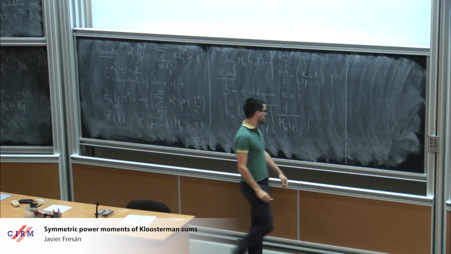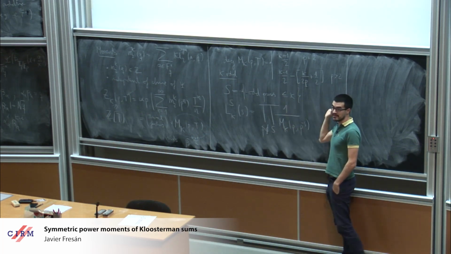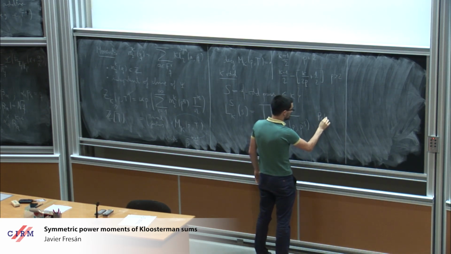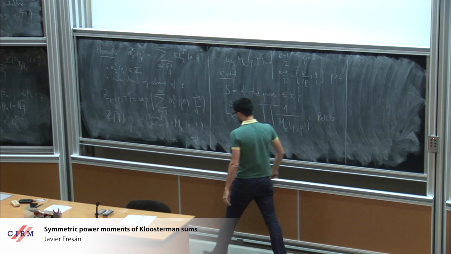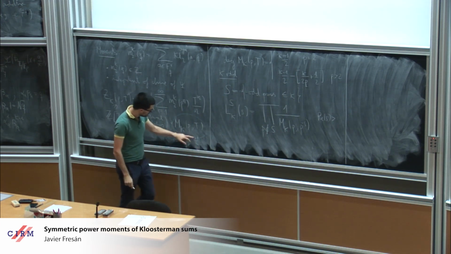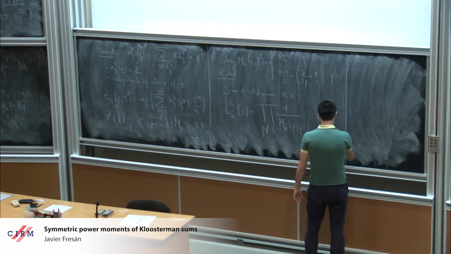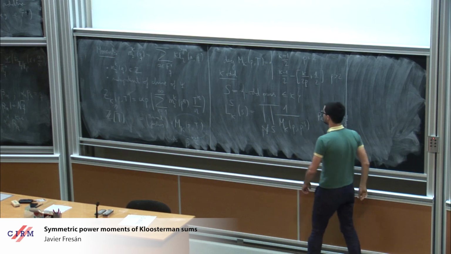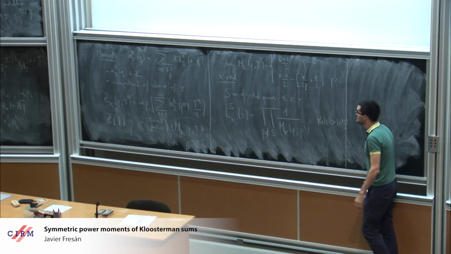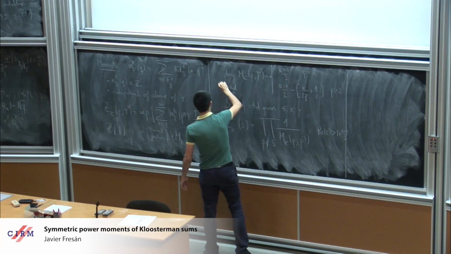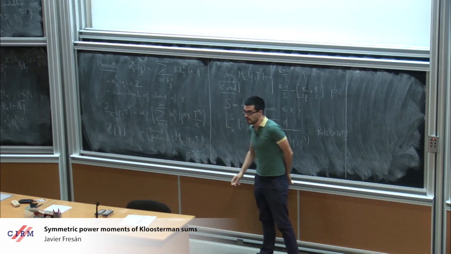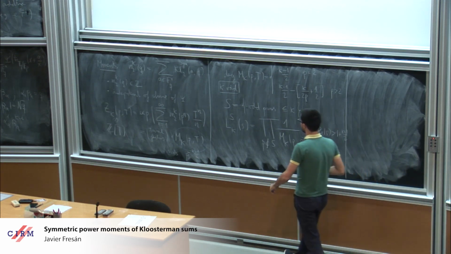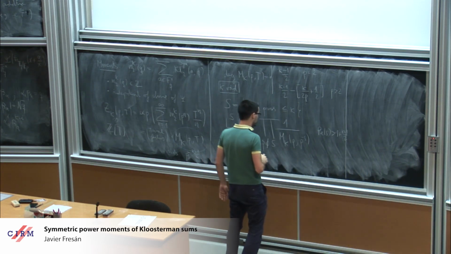And in this way, you see that this product converges if the real part of s is bigger than, as usual, 1 plus the weight over 2. So in this case, it's 1 plus (k+1)/2. For the purpose of this talk, I'm only discussing the case where k is odd, because everything is simpler, and there are similar results in the case where k is even.